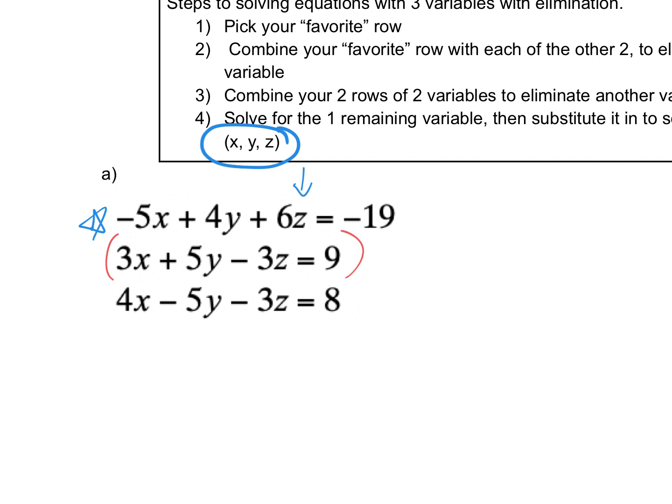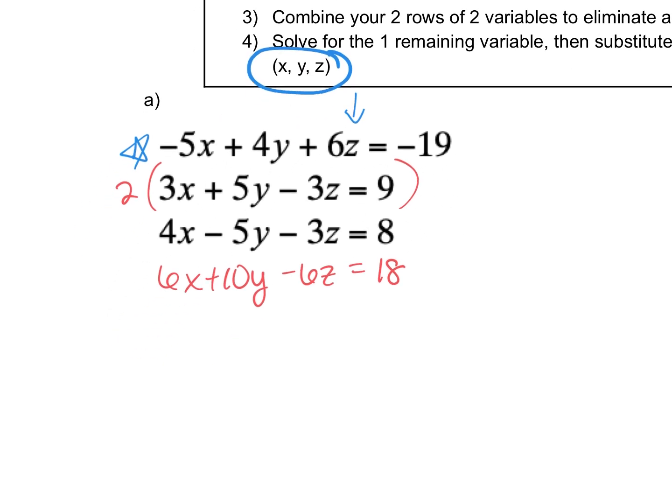Okay, sorry. Go back. Second row. What am I going to have to multiply that by to get it to cancel with the 6z? And that's just a 2. So this would be 6x plus 10y minus 6z equals 18. And don't forget to multiply every single piece. Don't miss anything. Now I'm going to write my favorite row in the middle. I didn't have to do that. It's just a personal preference.